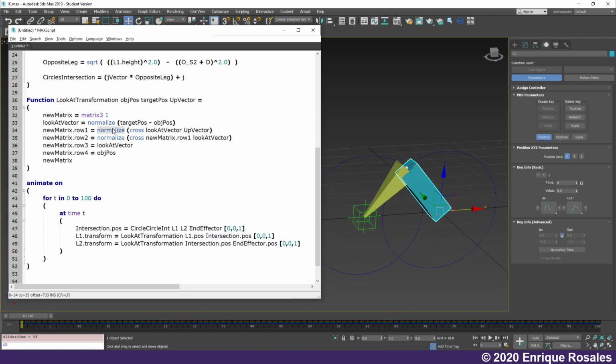They should be already normalized, because look at this. The lookup vector is already unitary, right? Because I'm normalizing this guy. And the up vector is also unitary, because this is the guy I'm sending, right? So these are two unitary vectors, and so the cross product should be unitary, right? However, it's not. I don't know why.